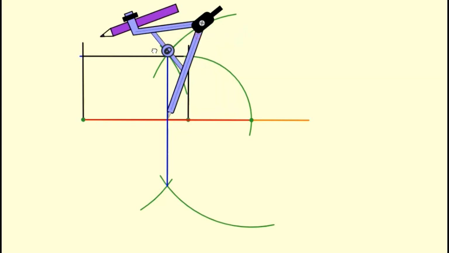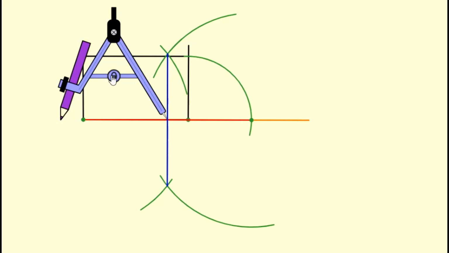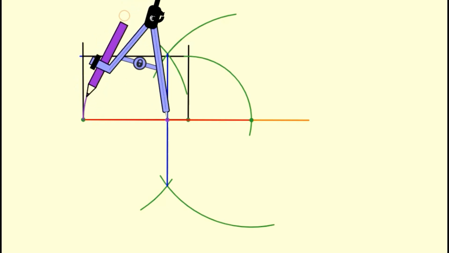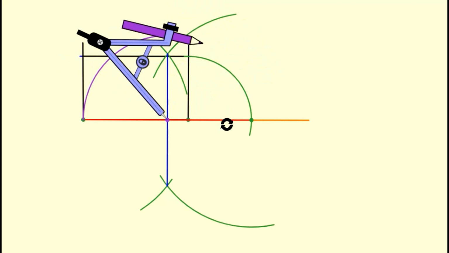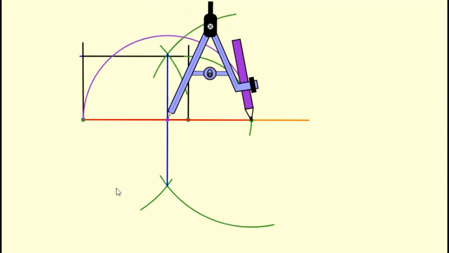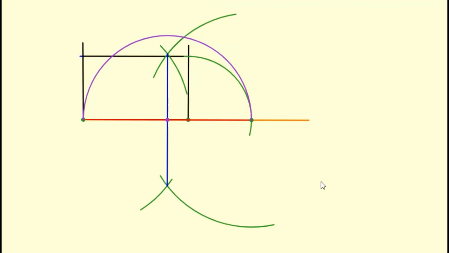Put the compass at this point. Take this much radius, draw a semicircle. Now extend the breadth so that it meets the semicircle.